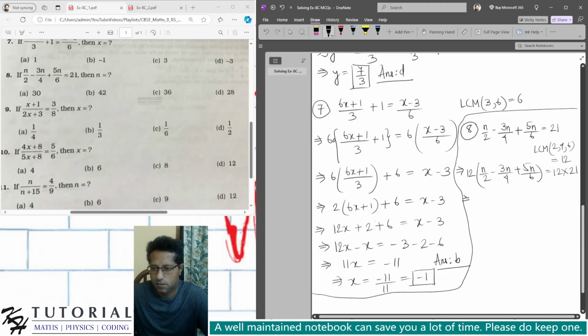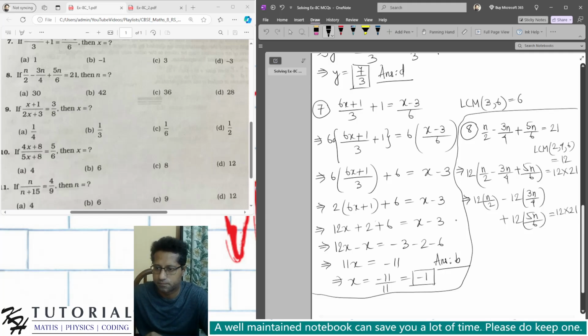This implies, if you do the product on the LHS and expand, you see 12 multiplied by n by 2 minus 12 multiplied by 3n by 4 plus 12 multiplied by 5n by 6 is equal to 12. I am not doing the product right away on the RHS. I am leaving it as 12 into 21.